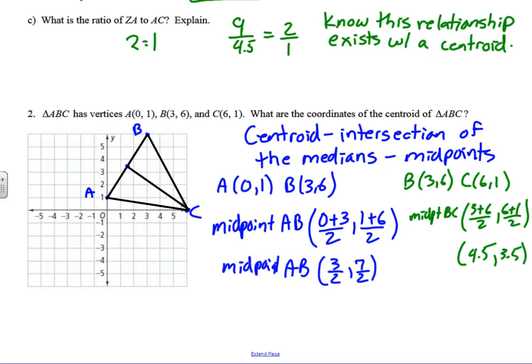So 4.5 and 3.5. Okay, there it is, kind of lined up right across from that other one. All right, let's draw that out. And now we have those two lines right there.